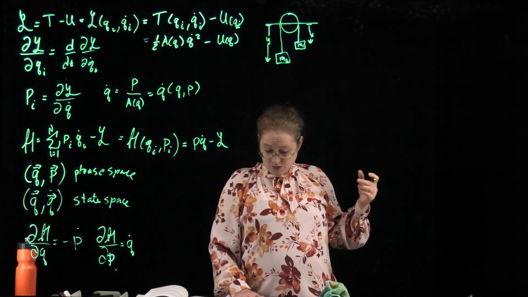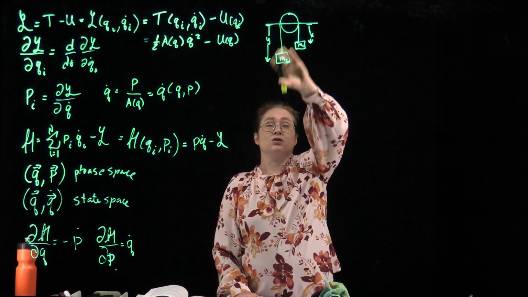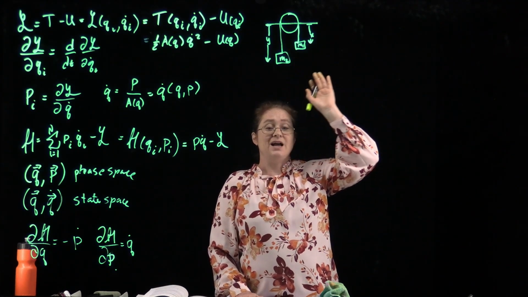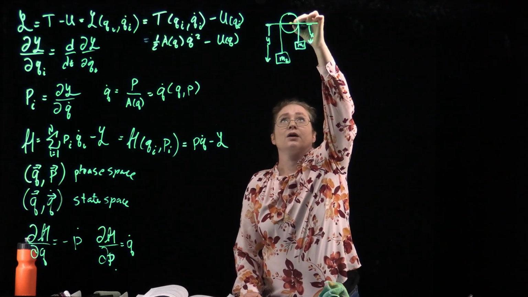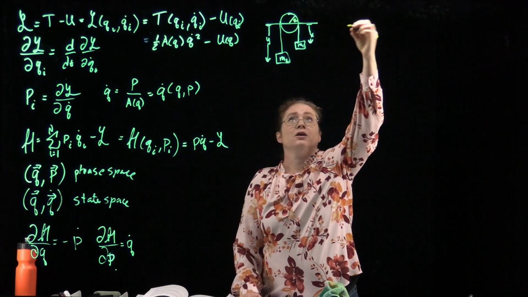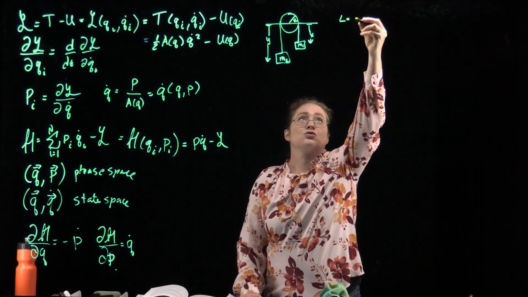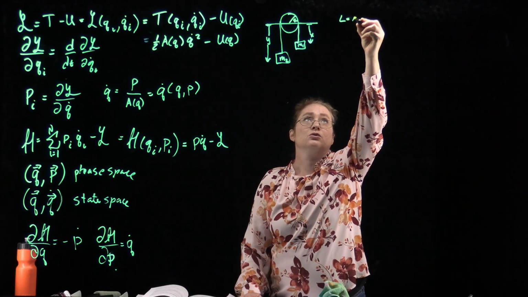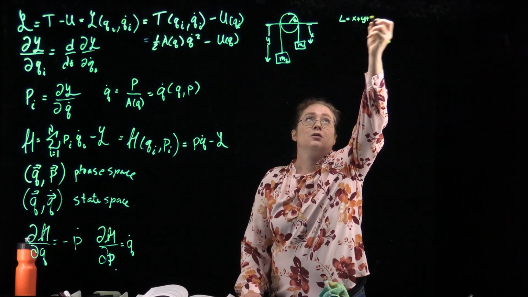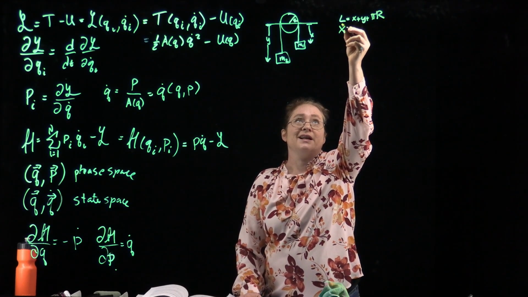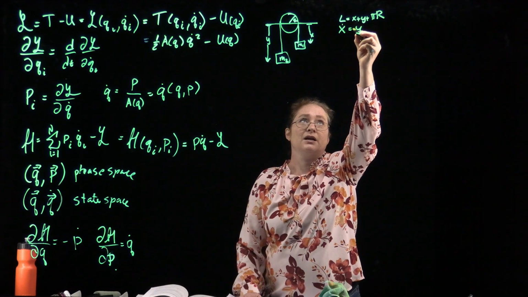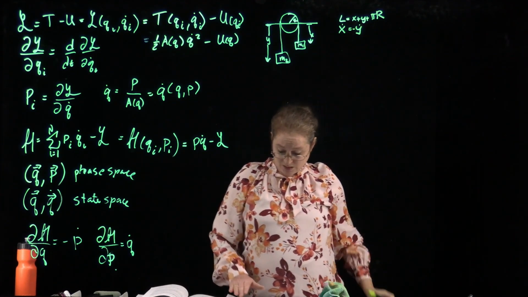Then, because these are connected, y dot equals y. If I wanted to write my equation of constraint, I would have some r here, and then the length of the string is equal to x plus y plus pi times r. That also tells me that x dot equals negative y dot.